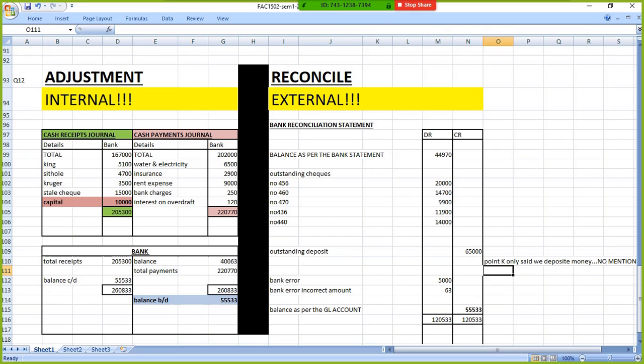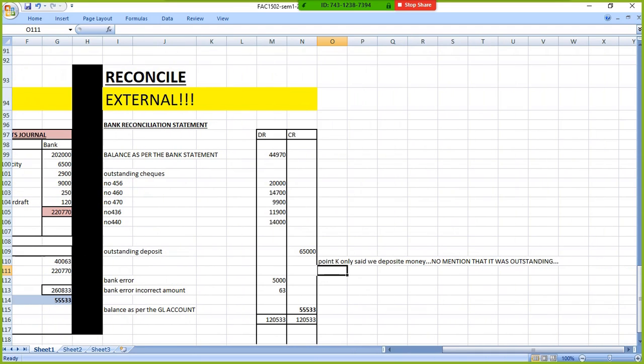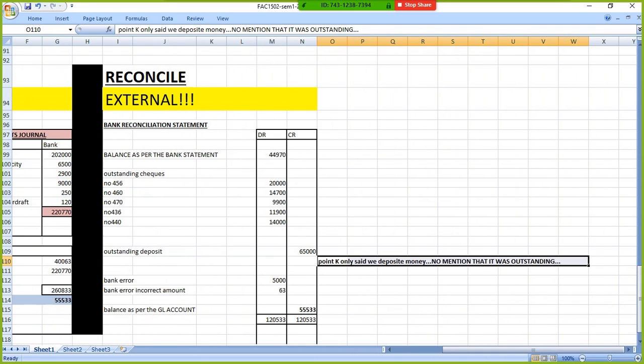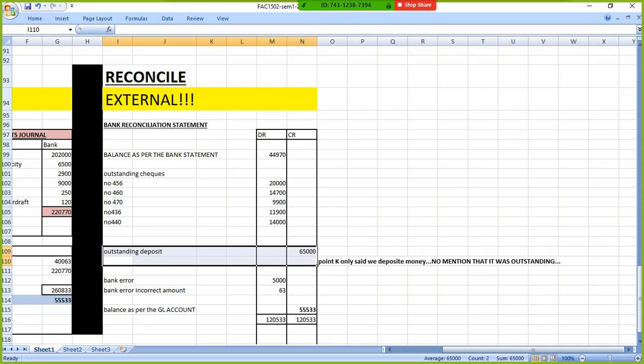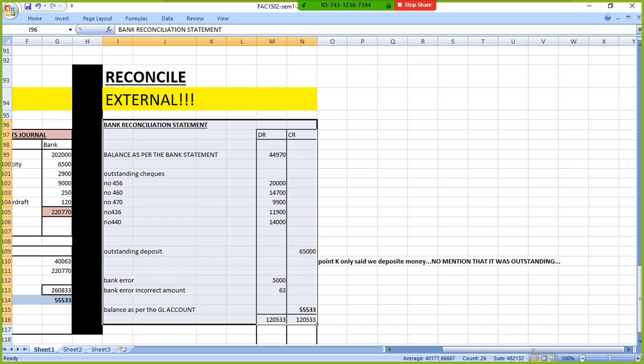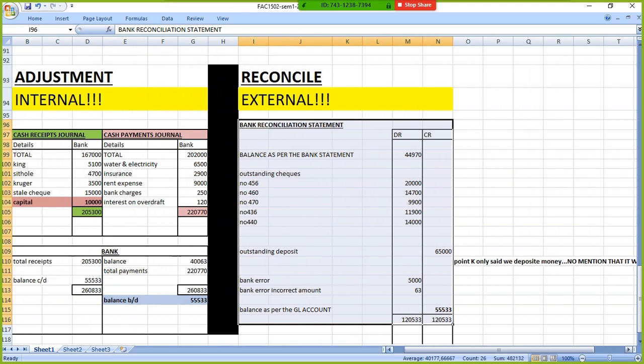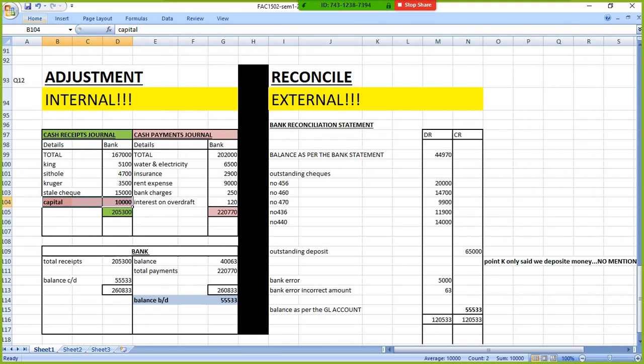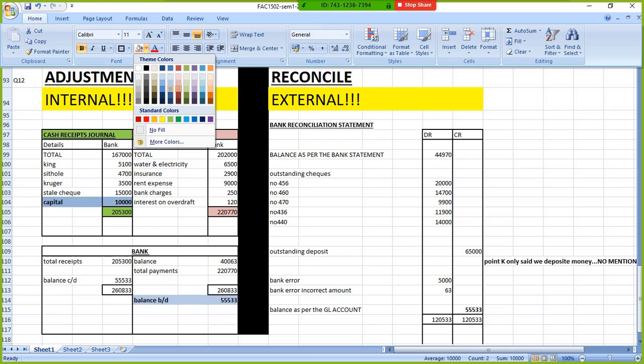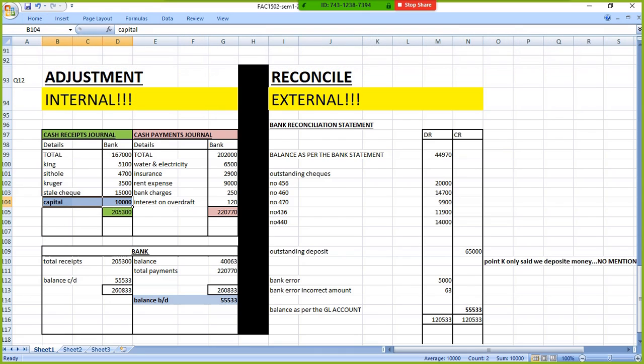So yeah, I made an assumption when I shouldn't have, because if you make the assumption that it's outstanding and insert that here in the bank reconciliation statement, it doesn't balance. If you assume it's something that you haven't accounted for, then it balances, and that was the mistake. Because you should have that balance like that.